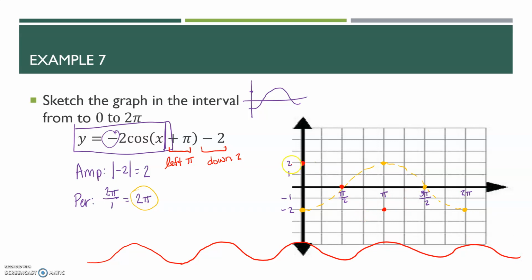So I was up here, I came down like this, and so I'm going to continue that pattern. It's going to keep going. And so even though we didn't graph all the way to 3 pi, I can still visualize where that graph came from. So I shifted everything left pi, but I also have to shift down 2.